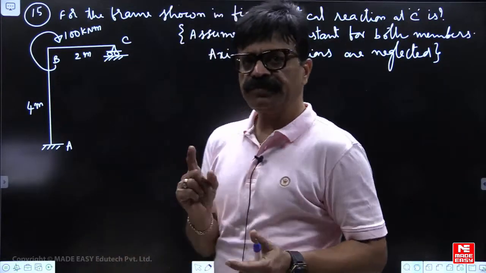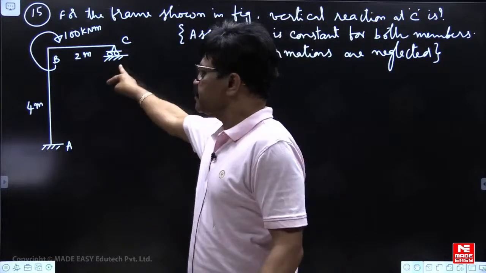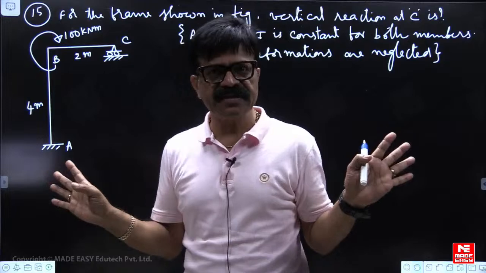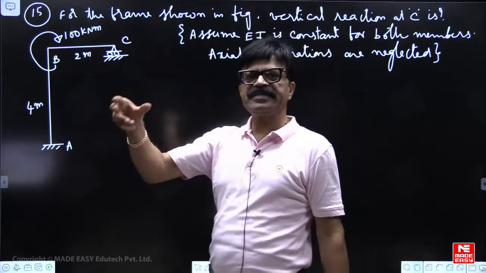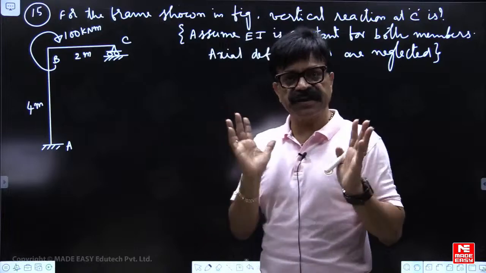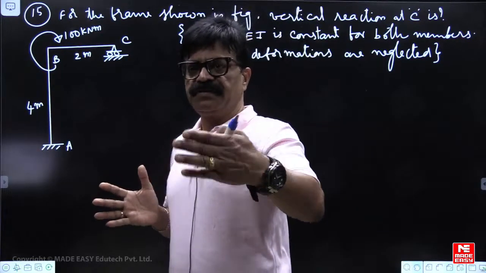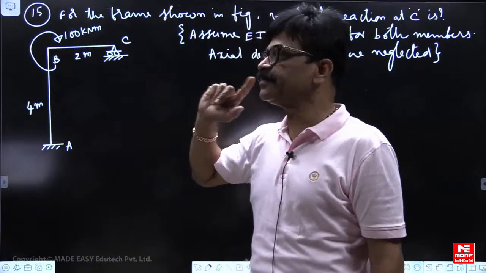As we have known, the strain energy method we should not use because it is a statically indeterminate truss. So no strain energy concept at all. Next, that means the integral of M mx dx by EI takes more time. We can do it, but time, 2 minutes you have to complete. Strain energy, if you take it, 5 minutes it will take.